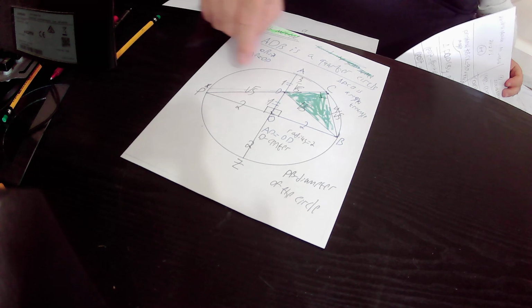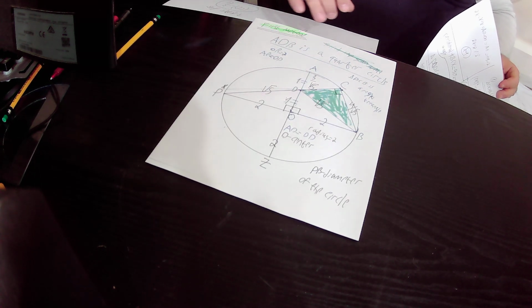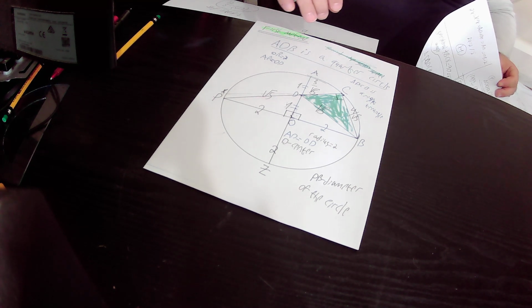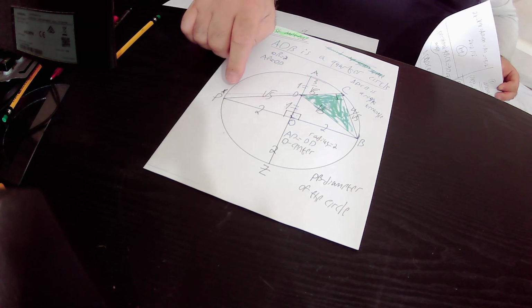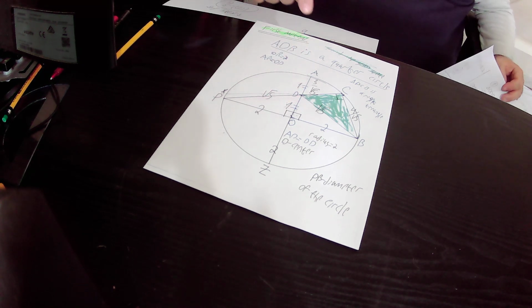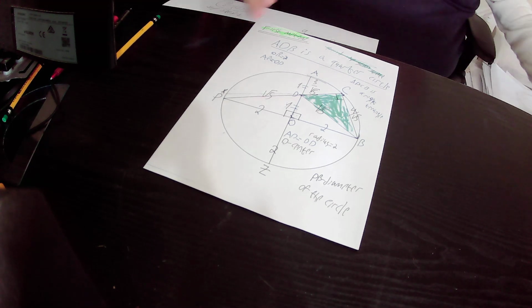Then PB is the diameter of the circle, that is to say it is absolutely a straight line. And we know that the sum of the angles on one side of a straight line equals 180 degrees. So if we focus on the upper side of the straight line PB at point O, the sum of the angles must be equal to 180 degrees. So which angles do we have on the upper side of PB at point O?